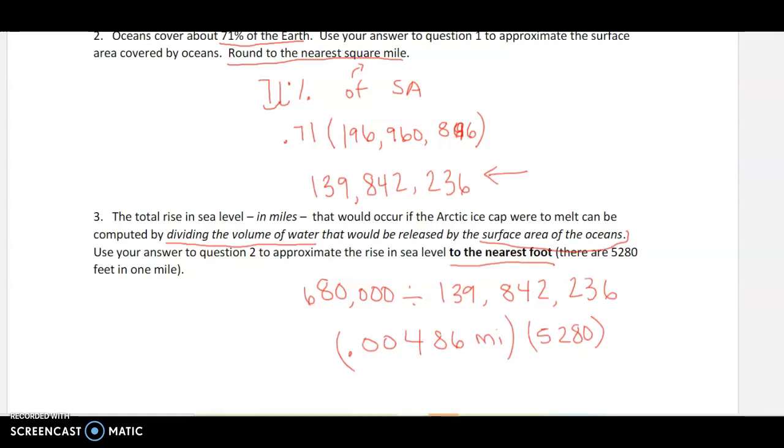It wants it rounded to the nearest foot, so for this answer, we're going to get 26 feet. Once again, I want you to solve this yourself and make sure you're getting the same answer and that you understand how to get it. So what this tells us is that if the ice cap melted, the water would rise 26 feet. This is the total amount it would rise.